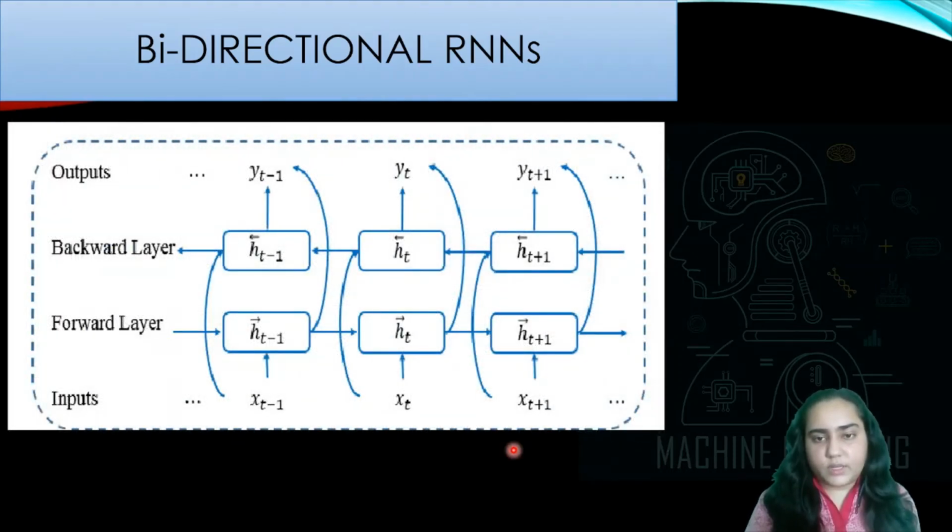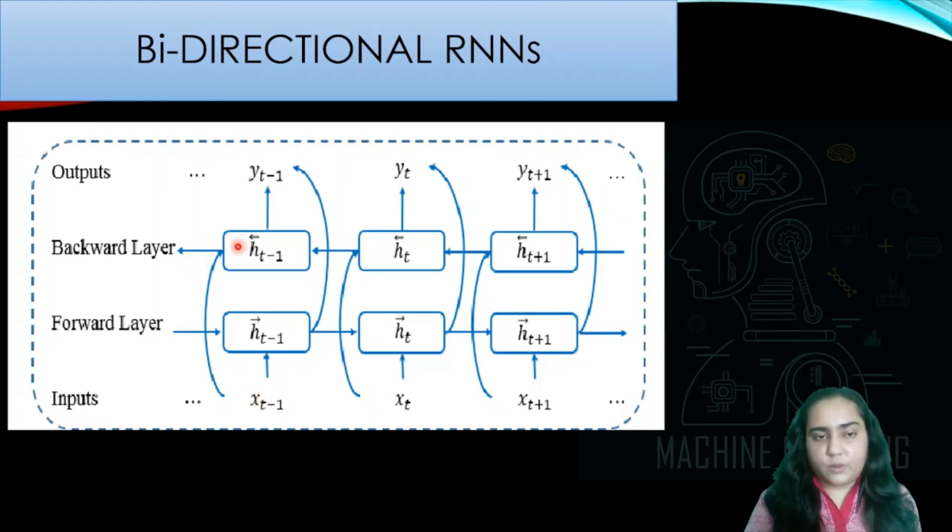So here is a diagram showing that. These are all the inputs. Those are all the outputs. This is the backward layer. Okay, this is the forward layer. So the forward layer essentially moves in forward direction, backward moves in backward direction. And the input from the backward layer is given to the input layer.